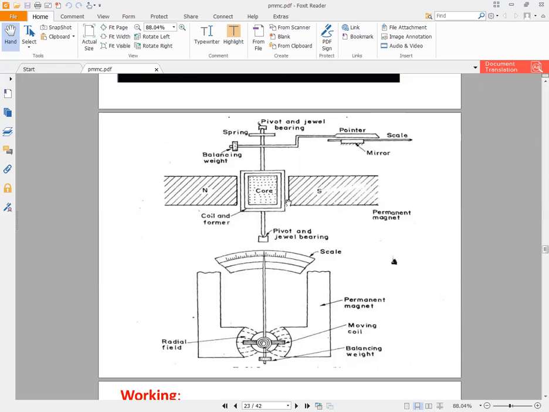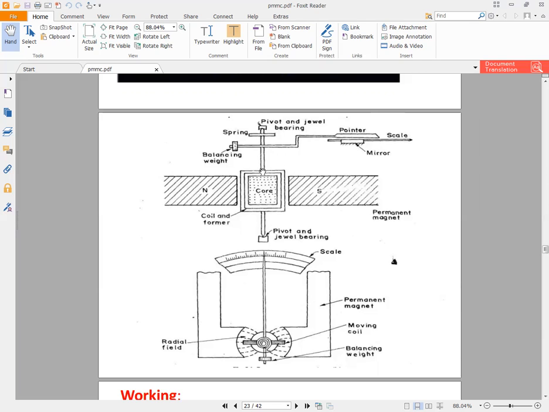Next one is the springs. These are the springs, placed on the upper side and lower side also. These springs are made up of phosphor bronze material and they provide leads for incoming and outgoing connections to the coil.